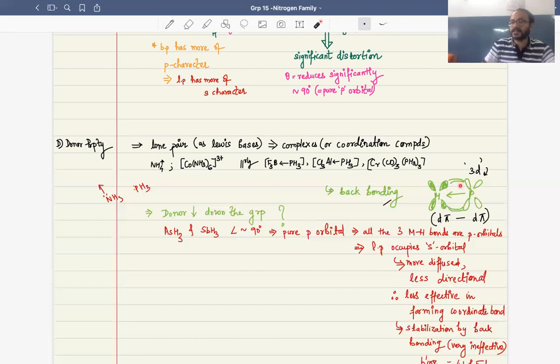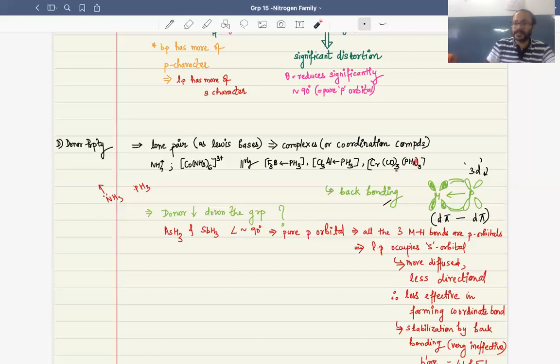As a result of this sideways overlap between the filled d orbital of the metal and the empty d orbital of the phosphorus, we get d pi back bonding. And this d pi back bonding between the filled metal d orbital as well as the empty p d orbital gives the stability to form these kinds of Lewis bases as well as these kinds of complexes.